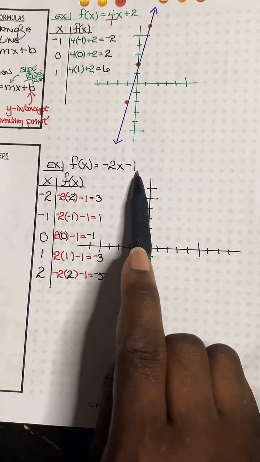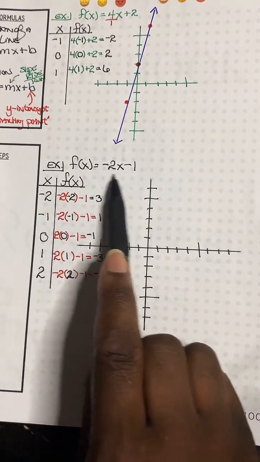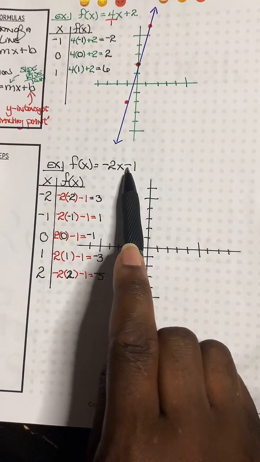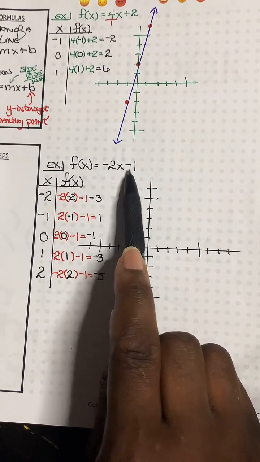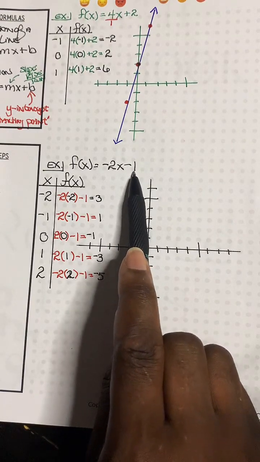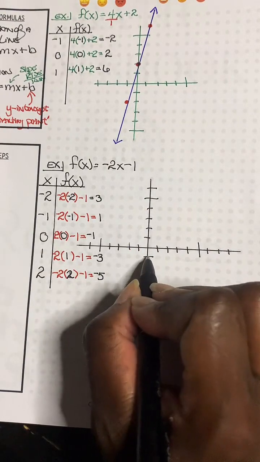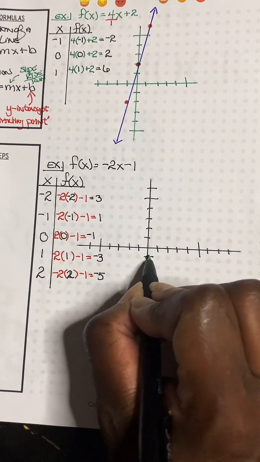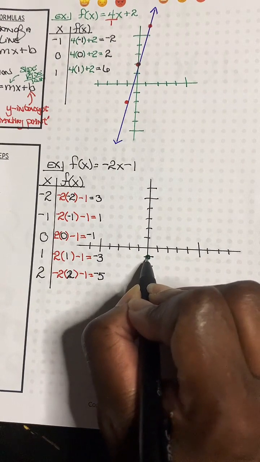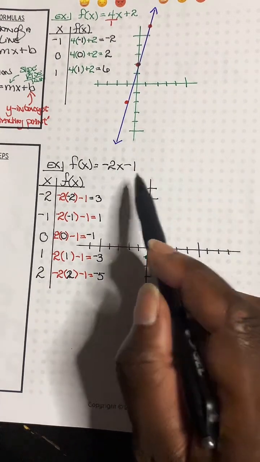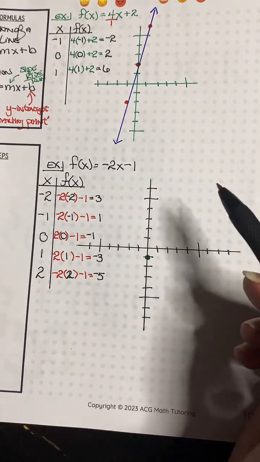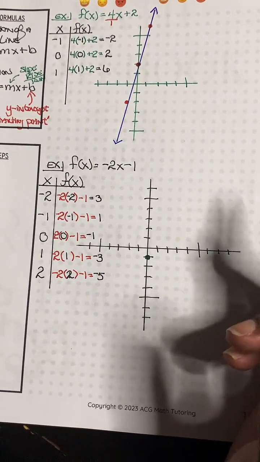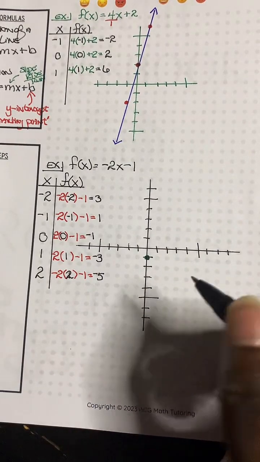The y-intercept is always the constant that is part of your equation. So in this case, this is a negative 1. You're using the minus sign as a negative. So your first point is going to be right here at the negative 1 on the y-axis. That's why it's called a y-intercept, because it intercepts the y-axis, right?